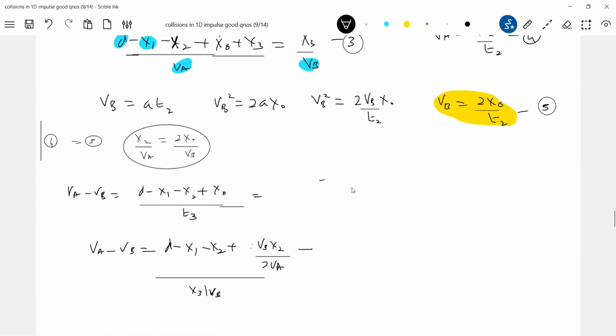So there's equation 5, 6, this is 7. The answer is there in Pathfinder, you can check it. So the total time will be 4 seconds. You'll get exactly that 4 seconds when you solve it.